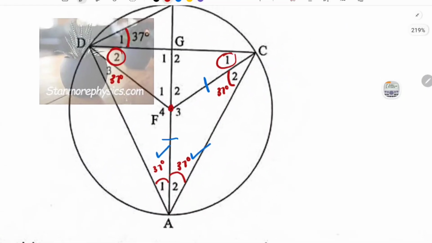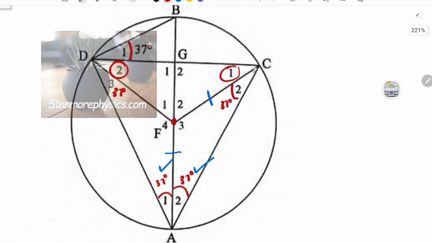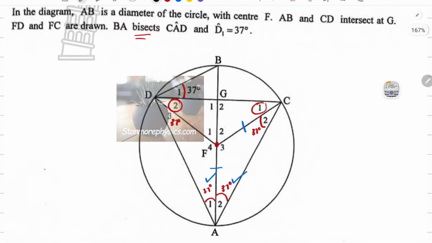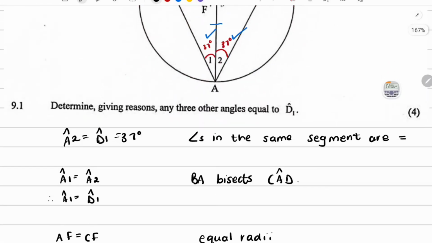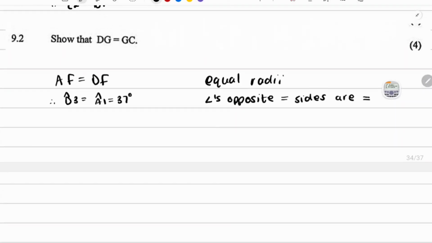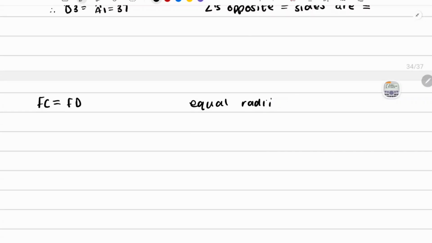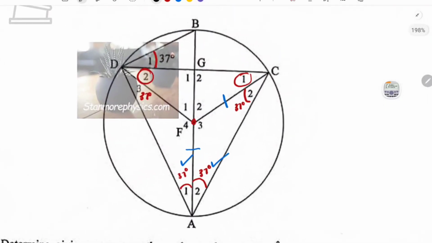To show that those 2 are equal, you see that we have FC, which is a radius, and FD, which is also a radius. So we have an isosceles triangle again. Let's tell them FC should be equal to FD because these again are equal radii, and so these 2 angles are equal.